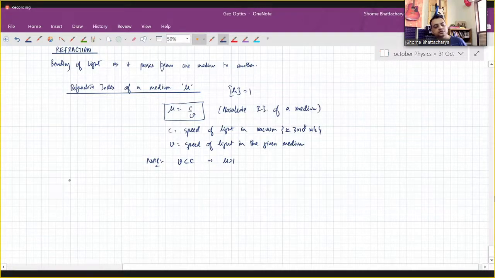We also define refractive index of a medium relative to another.